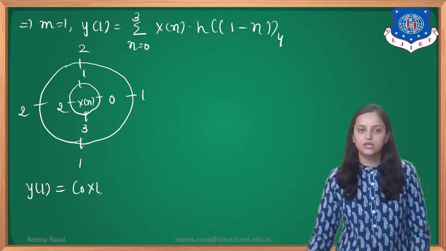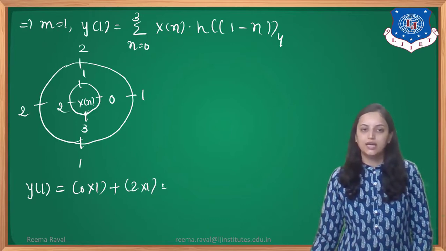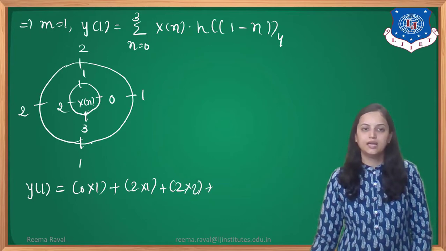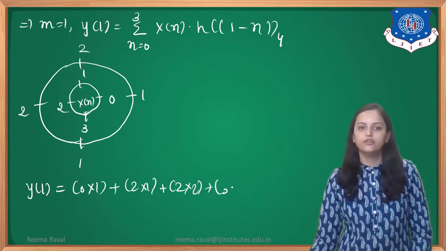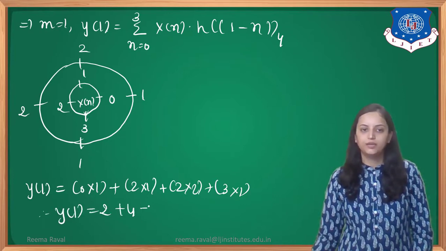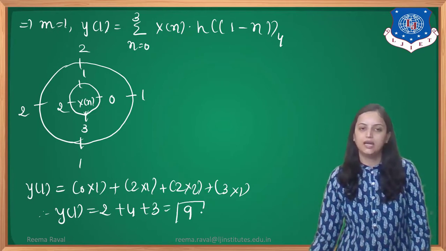That means first instance 0 into 1. Then the next instance will be 2 into 1. Then next is 2 into 2. And the next one is 3 into 1. So if we find the answer for this, we will get y of 1 equal to 2 plus 4 plus 3, that is equal to 9. So the value of y of 1 is 9.